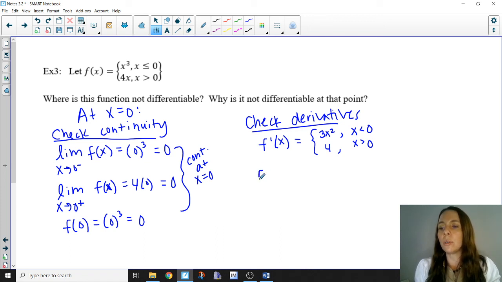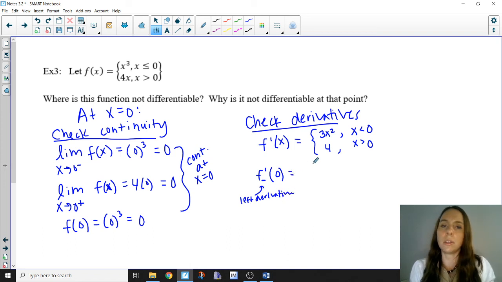So I want to show that I am finding the f prime value for 0 from the left of 0. And so I just put a little minus sign right there. I call that my left derivative. Again, I don't know if I made up this notation or not, but I like it. This is one of the only places I ever use it, but I like it.